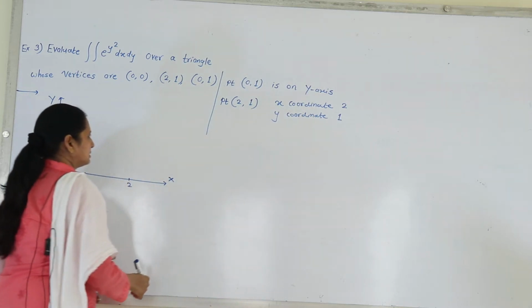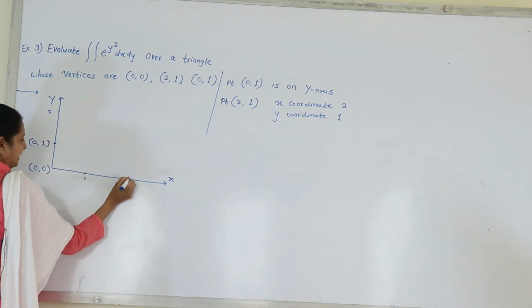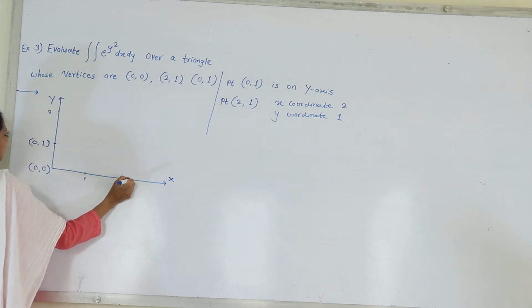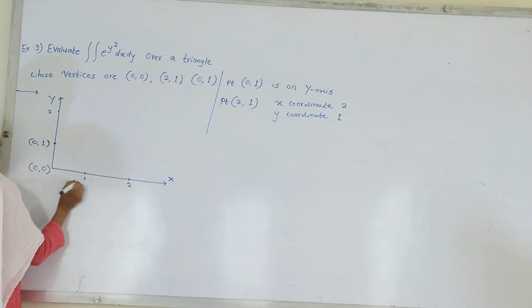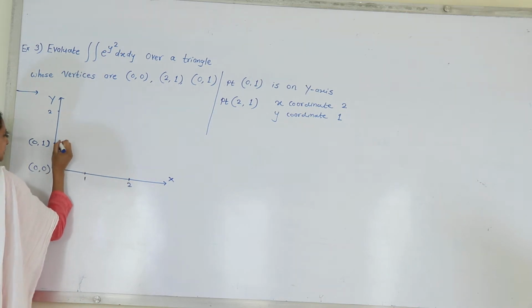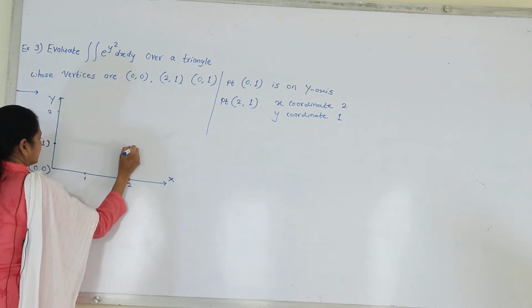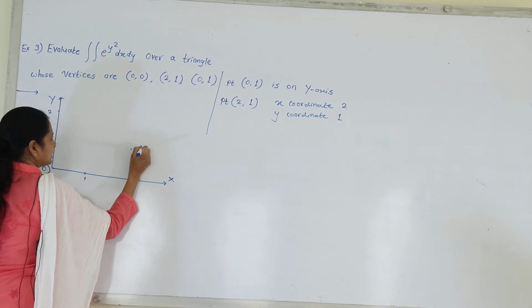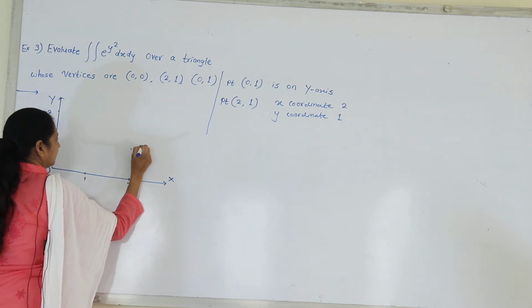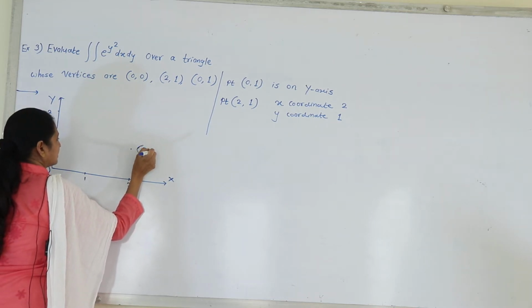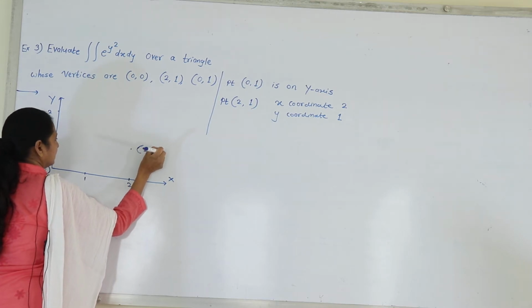Means x distance is 2 and y distance is 1. So this distance is 1. X coordinate is 2 means here, and y distance is 1. Therefore this point is (2, 1).